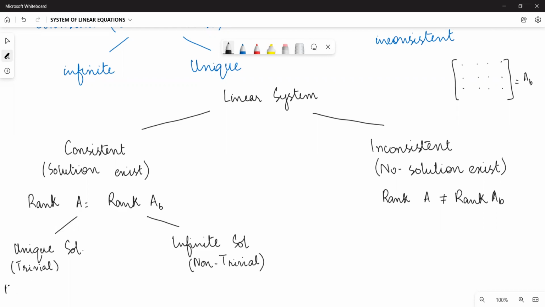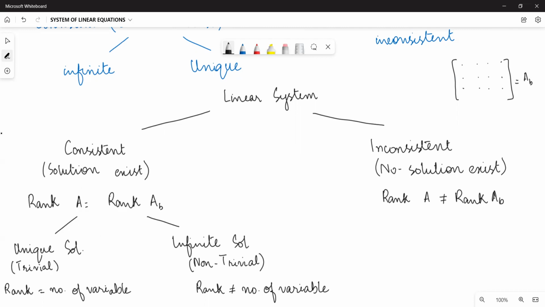When the rank of the matrix is equal to the number of variables, the system has a trivial, unique solution. When the rank is not equal to the number of variables, then we have a non-trivial, infinite solution.